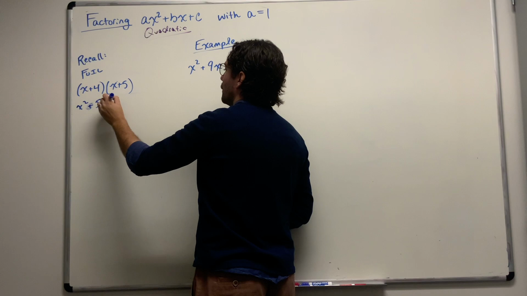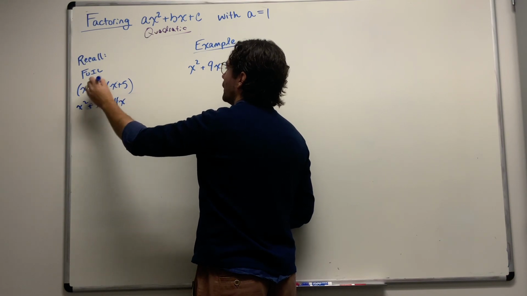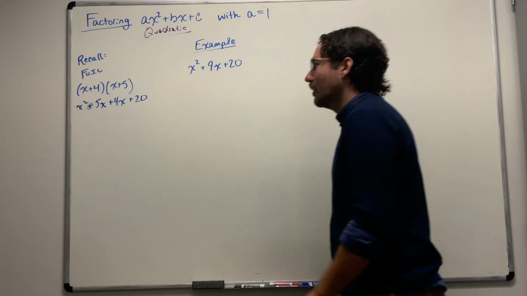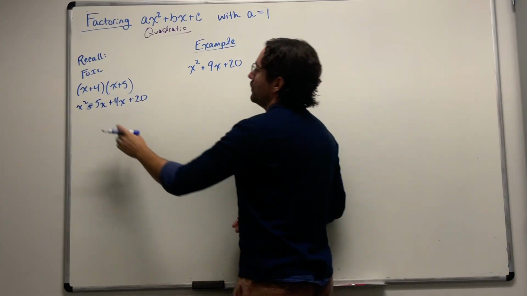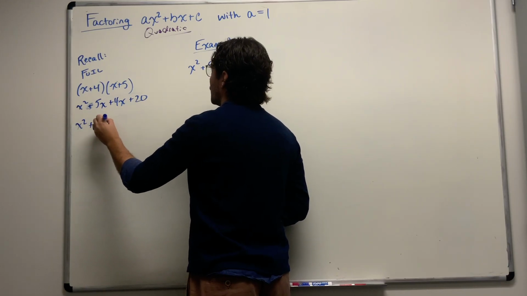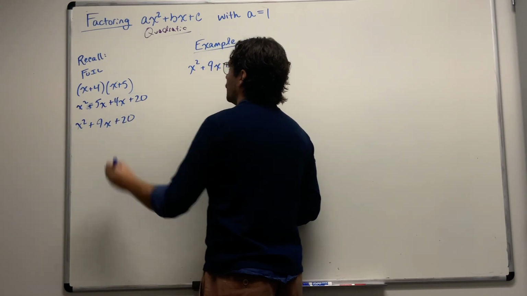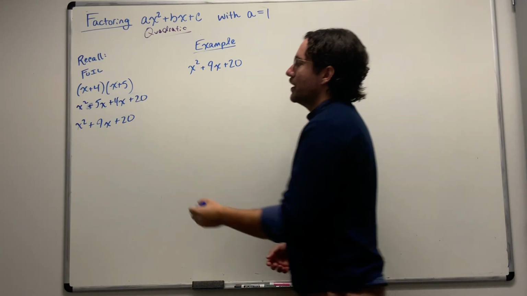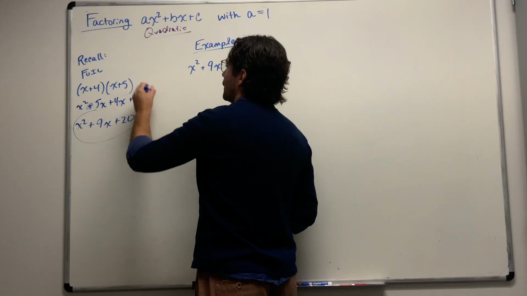Then inner would be 4 times x, so plus 4x. Then the last is 5 times 4, so plus 20. And then we have some common terms to combine here. So x squared, this will be plus 9x plus 20.